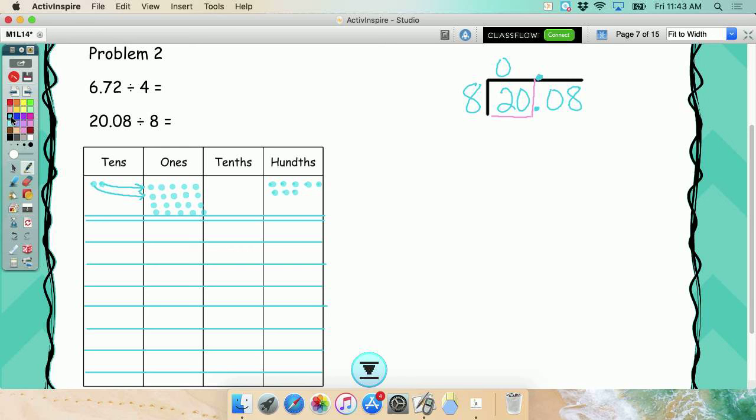How many in each group, you think? 2. You're right. And how many will I cross off? 20. Or wait, 10. Right? No. Well, how many dots would 2 times 8 be? 16. So I'm going to cross off 16.